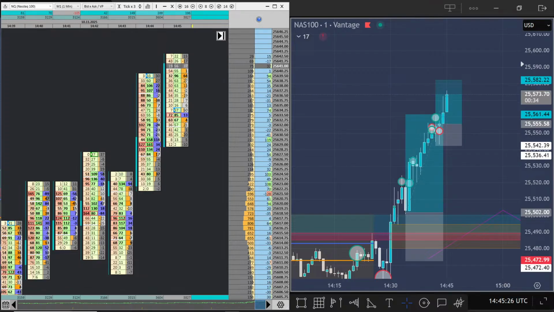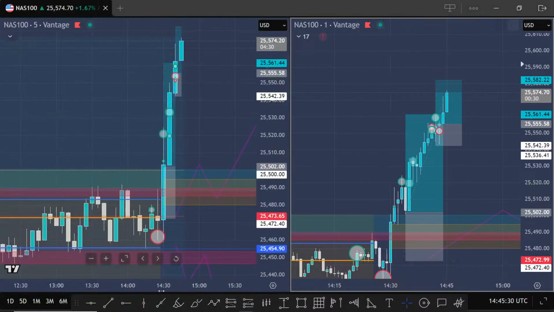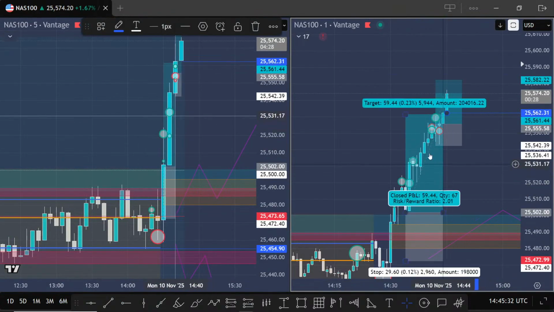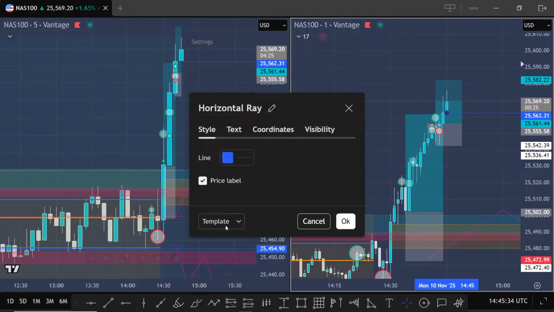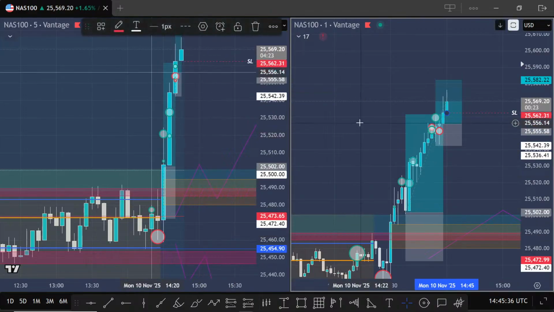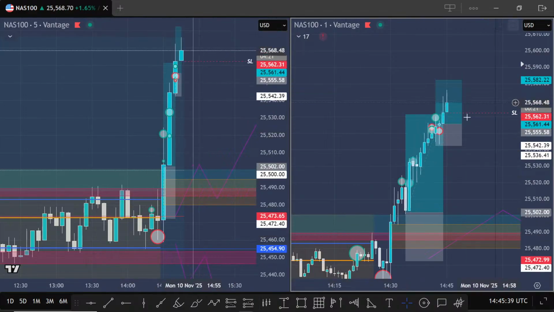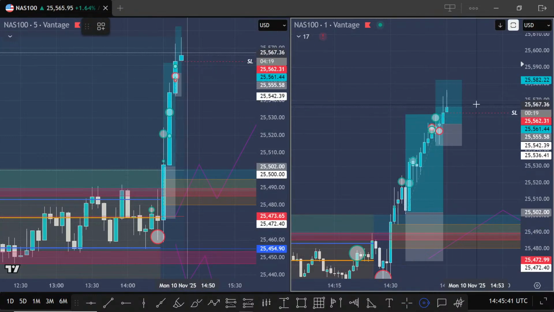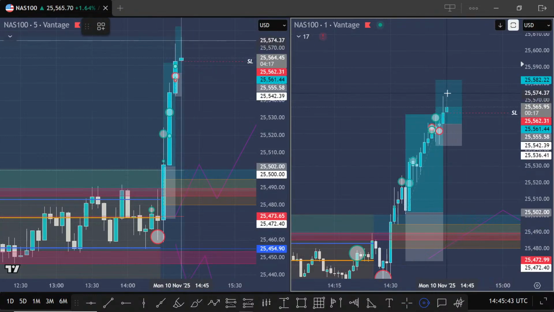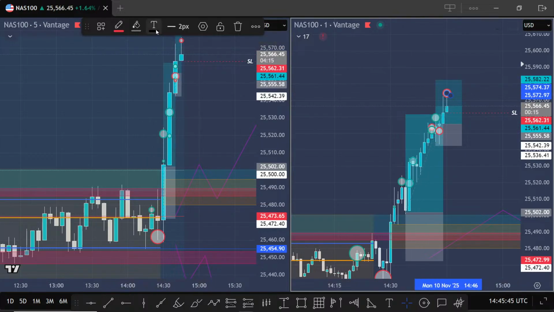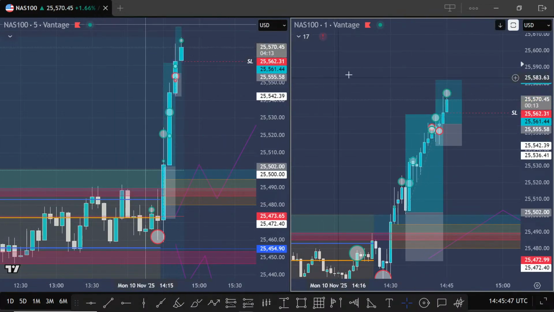Okay, so we broke the previous high, so I'm going to put my stop loss in profit now. My stop loss is now here. And you can see how it's super easy to, I might get stopped out right here. I'm pretty much saying that the whole time.